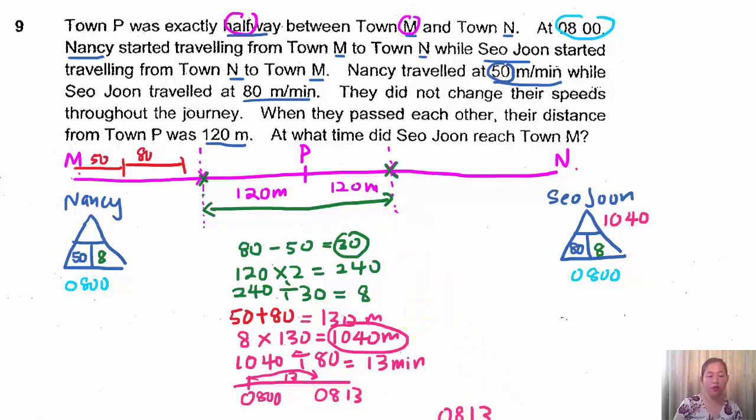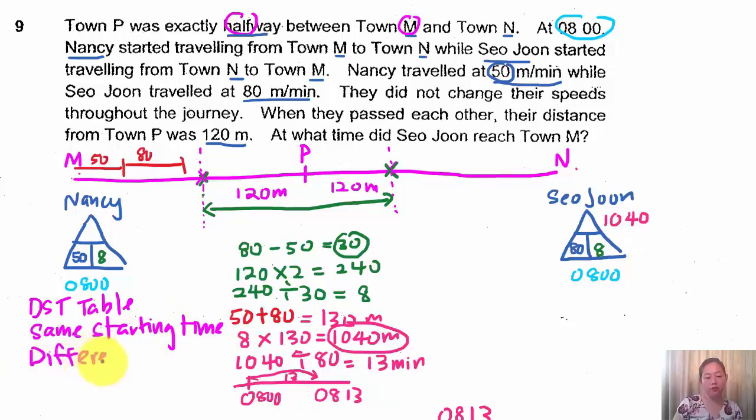So what have we learned from this question? We learned to use the DST table. We also see that it's important to take note of the same starting time and also different speed, because the difference in speed will affect where they meet.